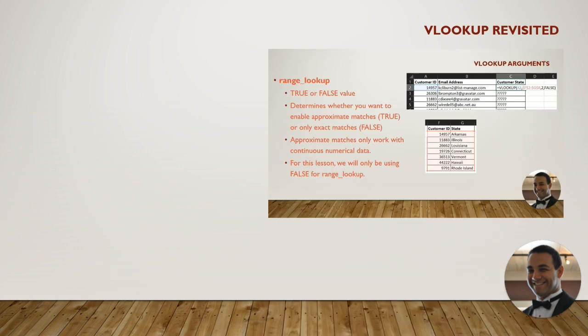Now it's time to revisit our old friend VLOOKUP. Now you may recall that in a previous lesson, I said that for now we would only deal with examples where range lookup input equals false. Today, we're going to look at when we can use range lookup equals true.